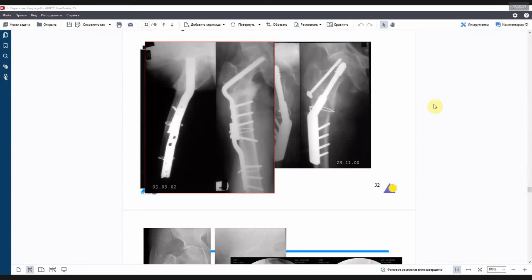Subcapital femoral neck and intertrochanteric fractures are the most common types. Hip fractures also cause referred pain in the knee and so may be mistaken for knee abnormality. Pubic ramus fractures can produce hip pain.